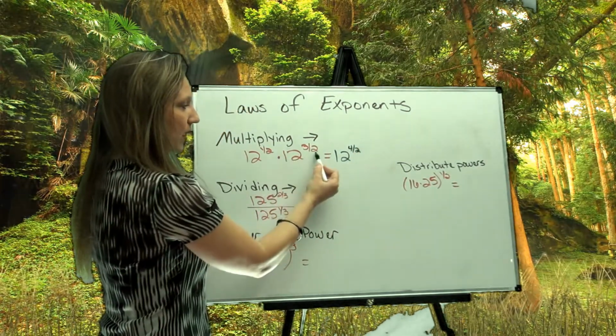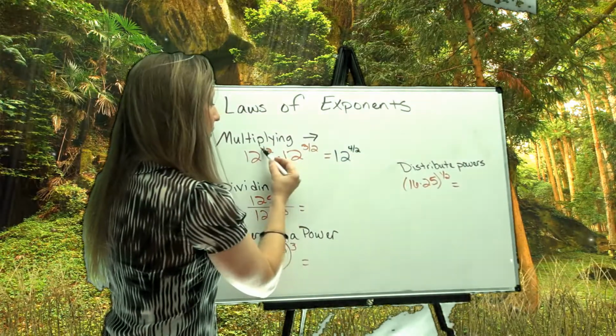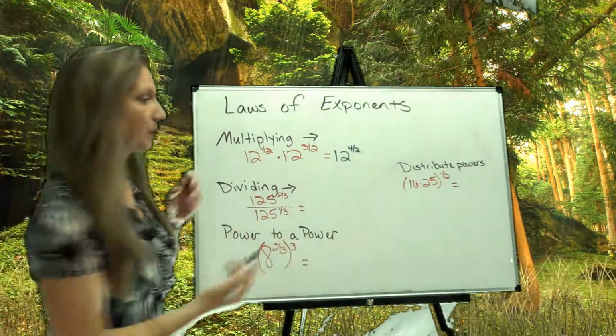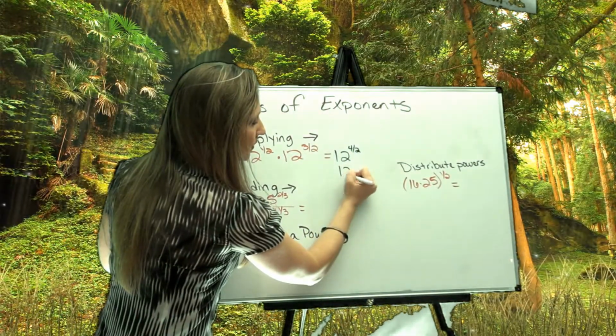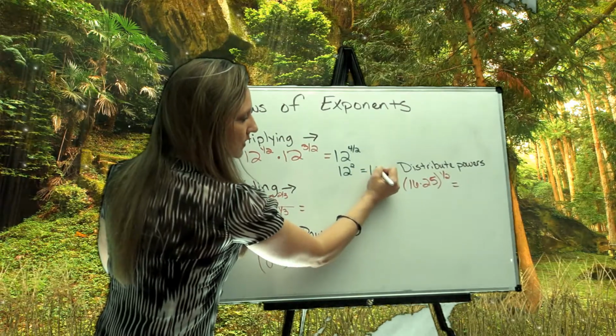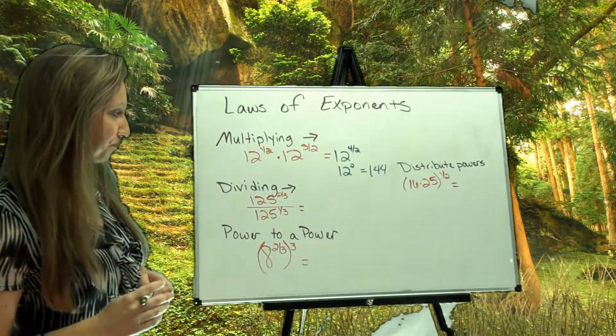Remember, when we're adding fractions, the denominator has to be the same, which we keep, and we add the numerators. Now I can reduce 4 over 2. I know that 4 divided by 2 is just 2. And 12 squared, of course, is 144. So that's how I would reduce that down.